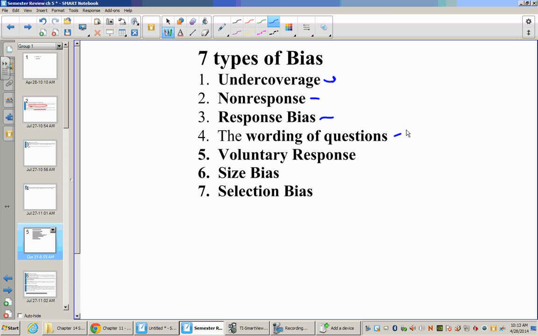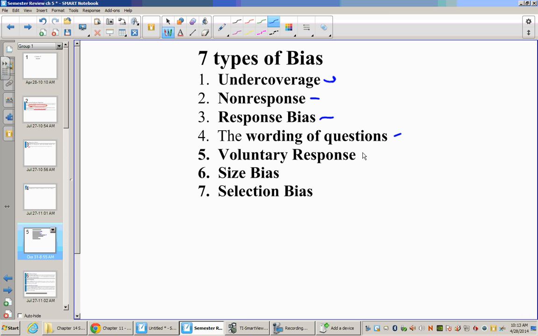Also, the wording of questions. Sometimes the questions are worded so poorly that you don't know exactly how to answer, to be honest. So the wording can influence a particular answer.